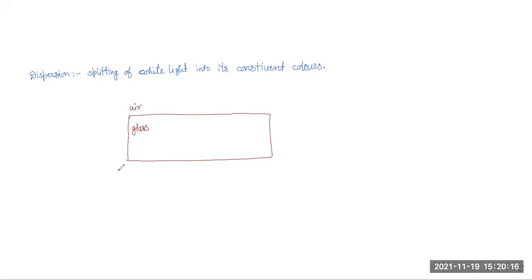And then if we find out that a white colored light is being introduced onto this glass, making a certain angle to it, we can just imagine that there is a white light which is falling at an angle like this.